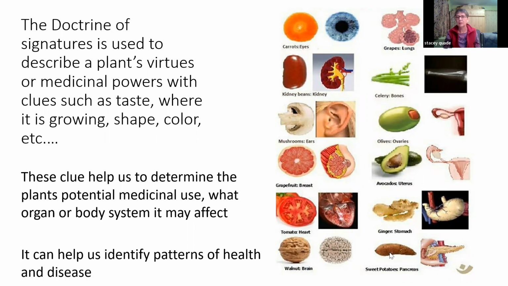And you can see that down here where it's ginger, ginger oftentimes is used for stomach upset. And look at how it looks an awful lot like a stomach. So those are just some kinds of things that we're going to go ahead and take a look at today. And you all should have gotten a copy of the PowerPoint. If you didn't get it before the class, we can go ahead and send that to you so you can have the pictures and things to look at more carefully later.